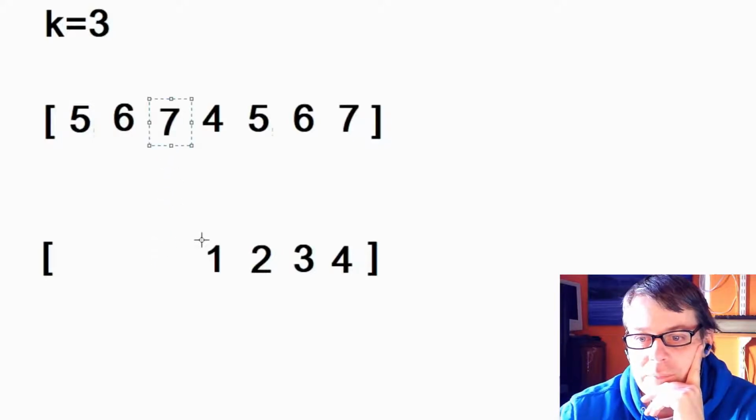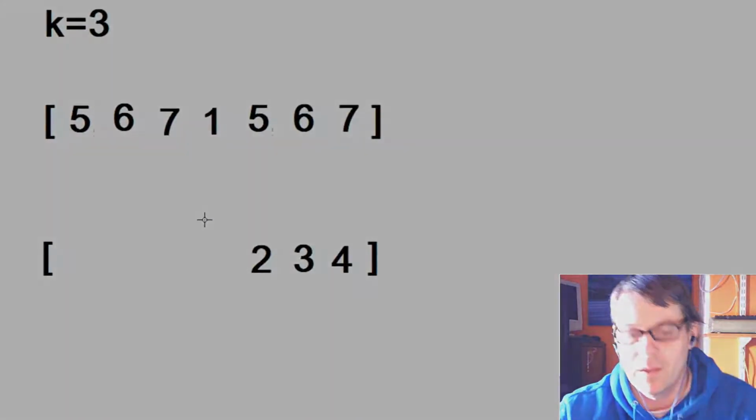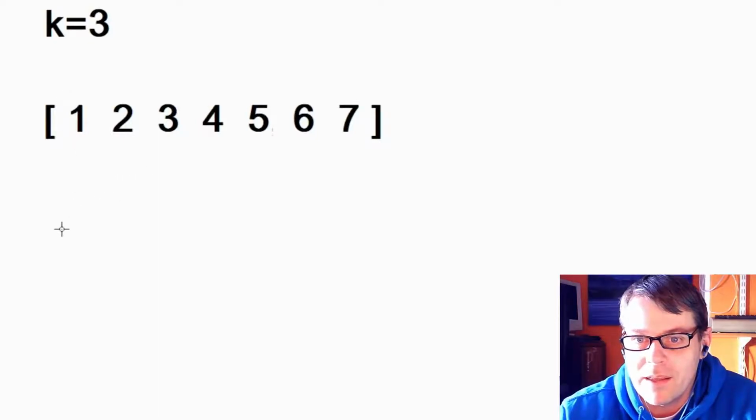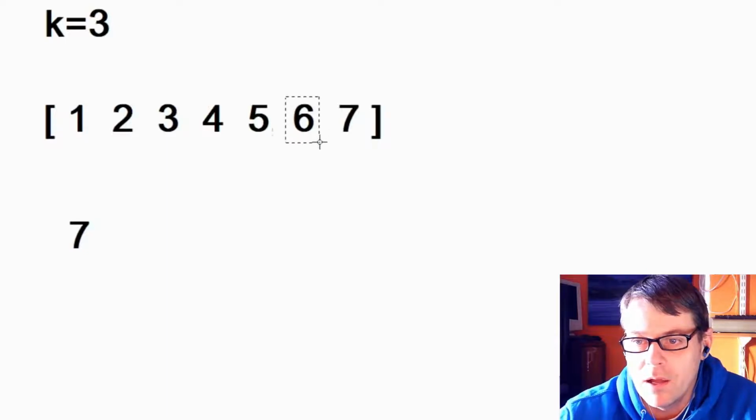Okay, so the second way we can do it, which uses the O(1) additional space that they asked for, is we could have a temporary buffer for one value. So we start by taking the value 7, the end value, and moving it into a temporary buffer. Then we can loop down through each number and move it across one.